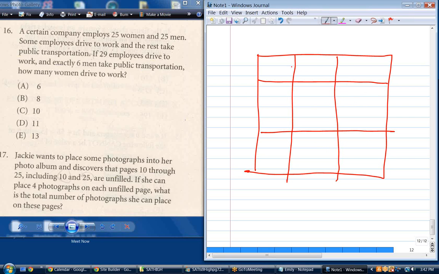Let's make these totals. And this would be men, women, public transportation, and drive to work.